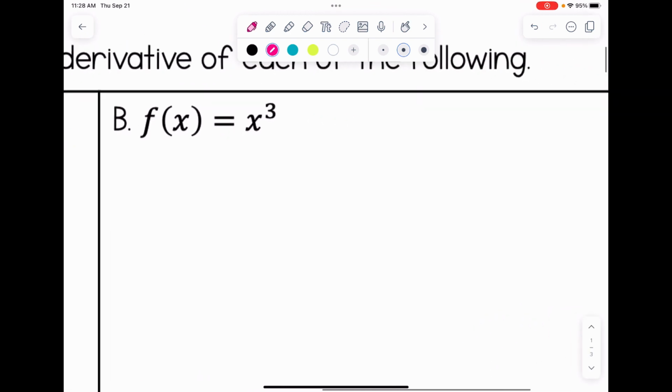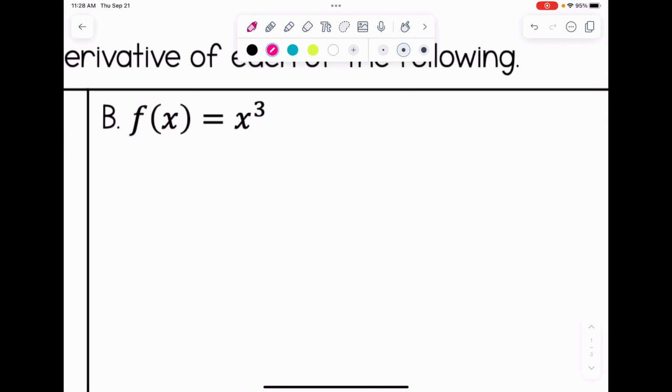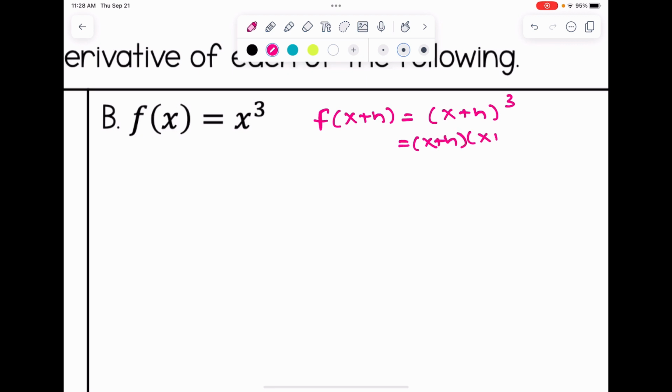Okay, let's do the same idea for b. This time it's a little trickier because we have x cubed. So when I find f of x plus h, I need to plug x plus h in and cube it, which really looks like this, right? Multiplying it by itself and then by itself again.